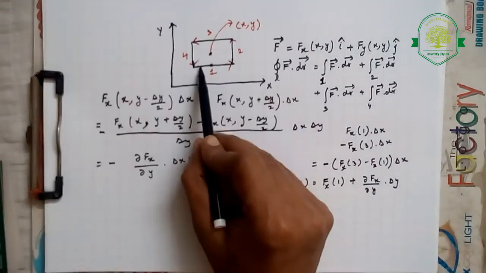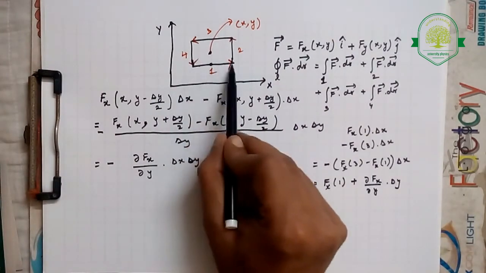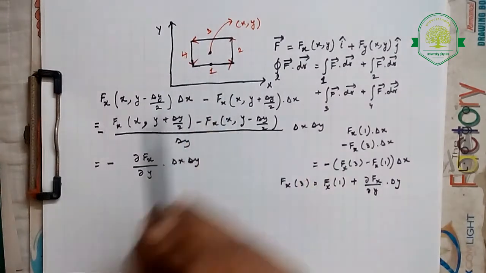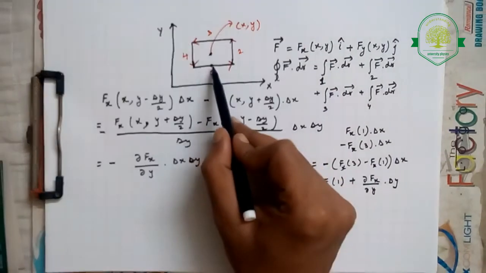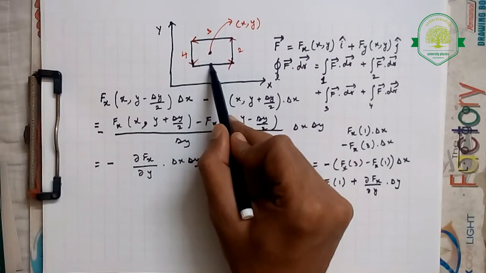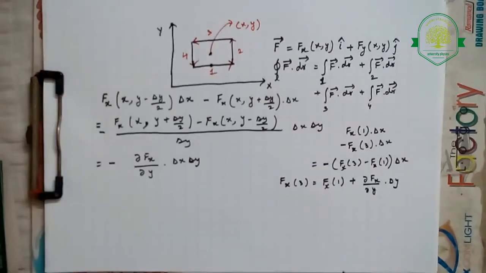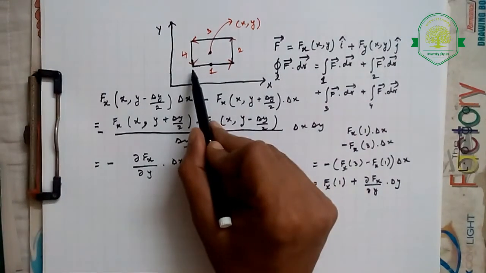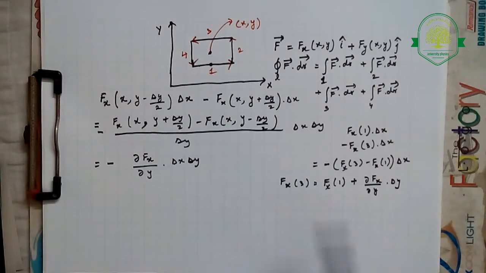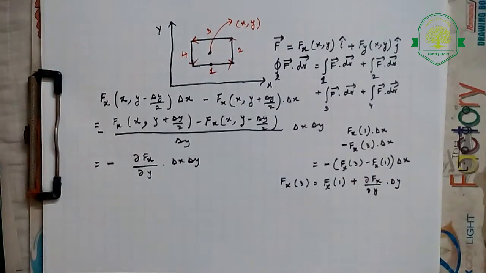We have to evaluate it at any point along this line, because we have assumed that delta x is very small, so fx has been assumed to be constant along this line. So if we assume that fx at 1 is the value of fx here, then this derivative is the derivative of fx with respect to y at this particular point. But that does not matter, because ultimately we let both delta x and delta y go to 0. So all the derivatives will eventually be evaluated at the point x comma y.